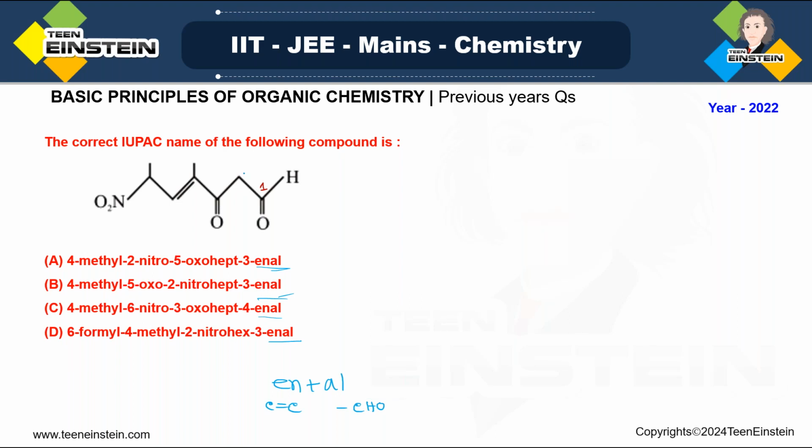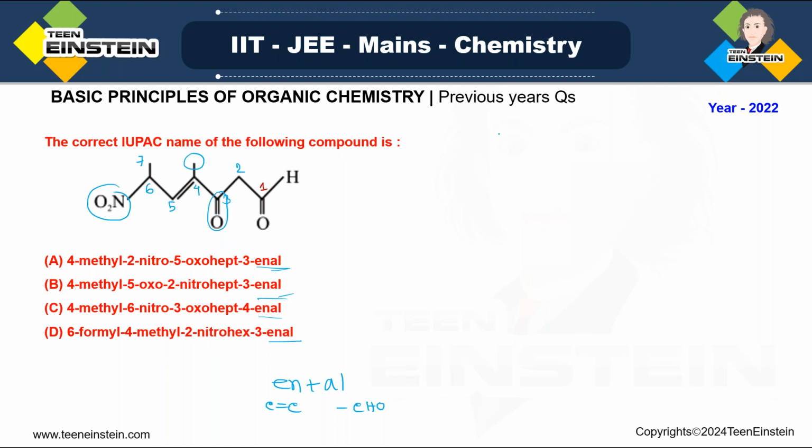So if numbering starts from here, number 2, 3, 4, 5, 6, and it ends at 7, because that is also another carbon. So at the 6 position you have an NO2 group, at the 4 position you have the C=C double bond and also a methyl group, and at the 3 position you have a keto group.